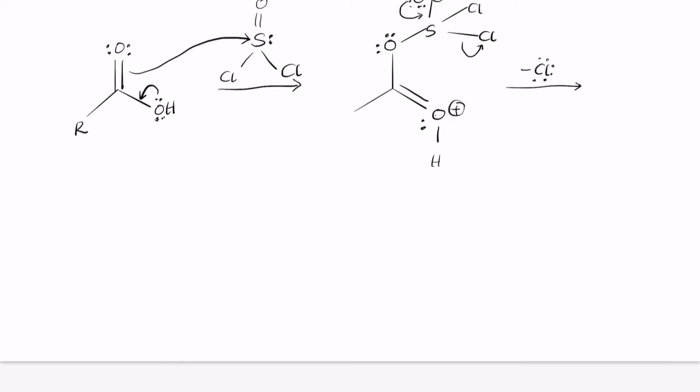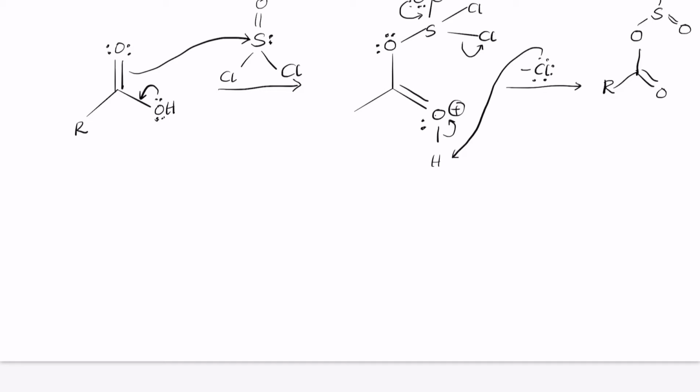Now with this in mind, what will happen? This Cl that is going here will attack the hydrogen. When it attacks the hydrogen, the electrons are donated back into the oxygen, resulting in a structure with a double bonded oxygen on top, and on the bottom an oxygen attached to S(Cl)=O with a double bond to the sulfur.